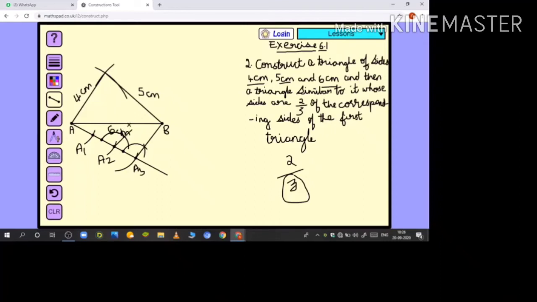So we get the line A2B dash, which is parallel to A3B.